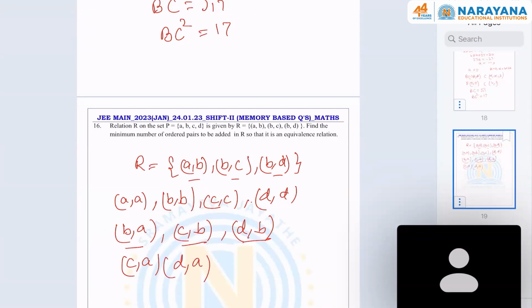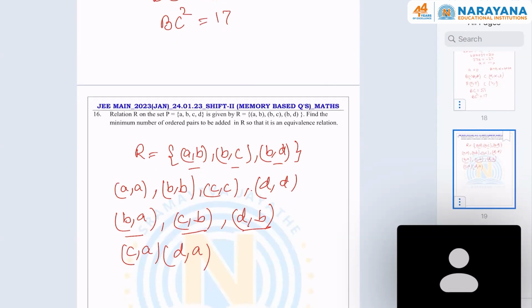CA, DA. But again, it must be symmetric. So CA, DA we are adding means we have to write A comma C and A comma D also. So here I'm making this symmetric.